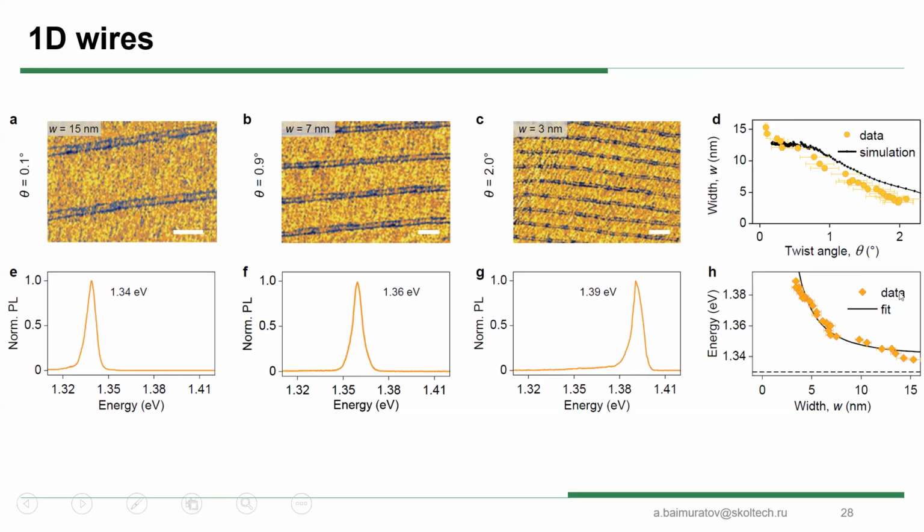We found that for a smaller width of this wire, like here, we have larger energy, and if you calculate this fit, it's just an infinite potential well, and the model works nicely. You can change energies, you can change the distance between these wires.